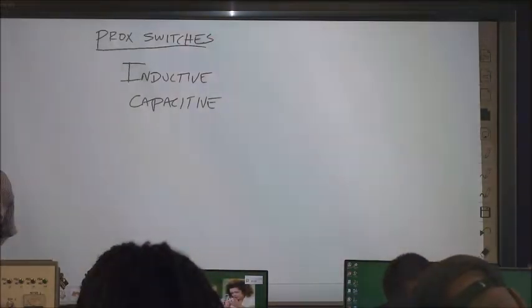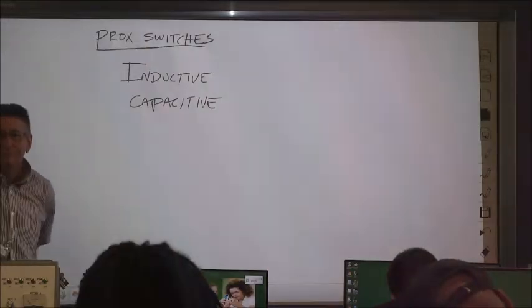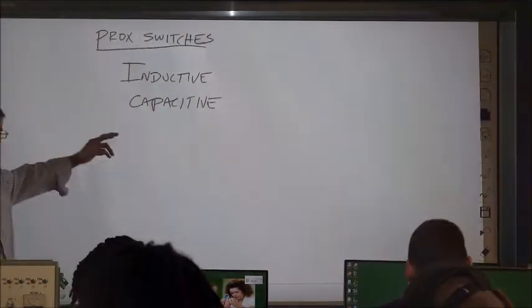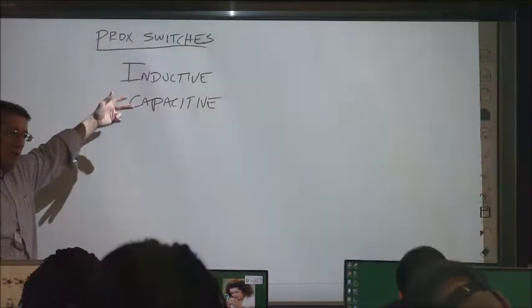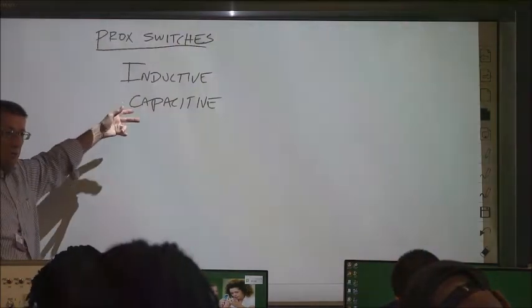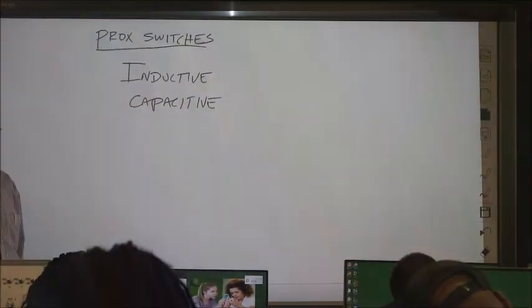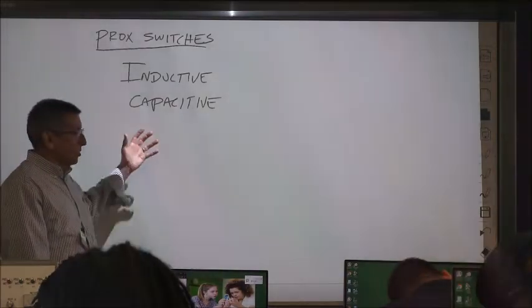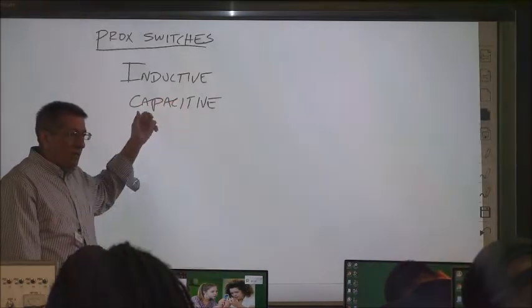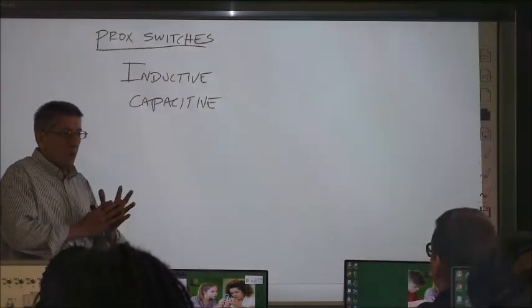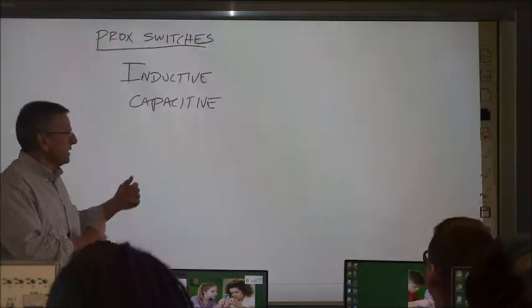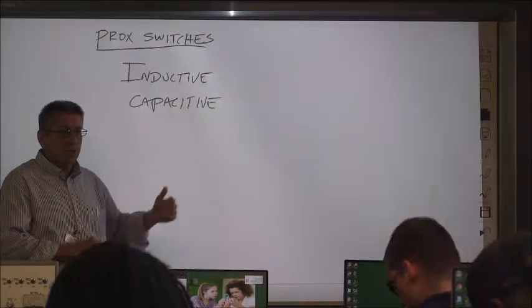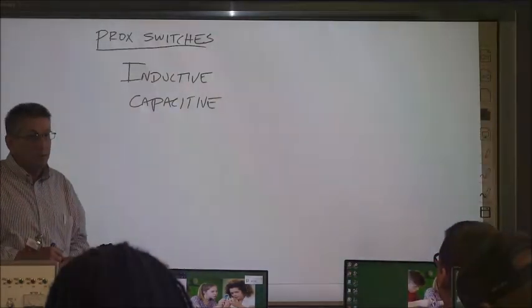Pretty much anything. Can you see the advantages and disadvantages of using one or the other? Let's say we have a machine or some kind of assembly line that's running. If we're using all capacitive prox switches, you see what can happen.